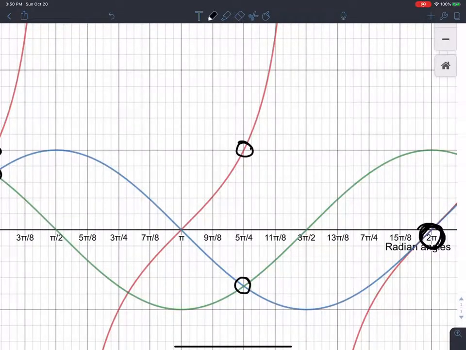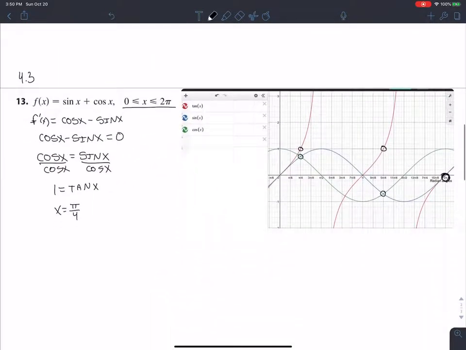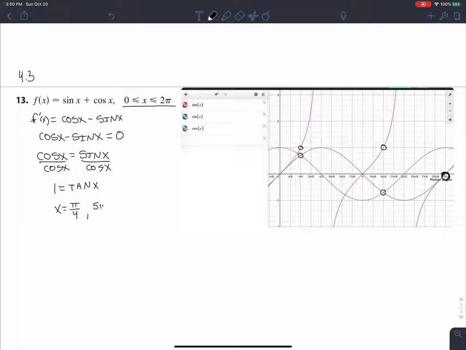That's what generates the 1 on tangent, right? So we also have a point at 5 pi over 4 where they're equal to each other, and that's what generates the 0. So we get critical points at pi over 4 and 5 pi over 4.